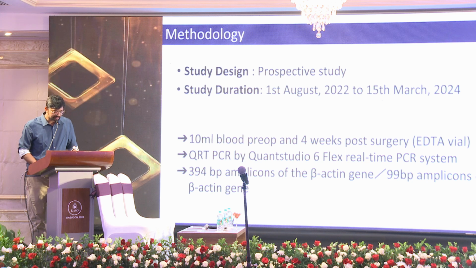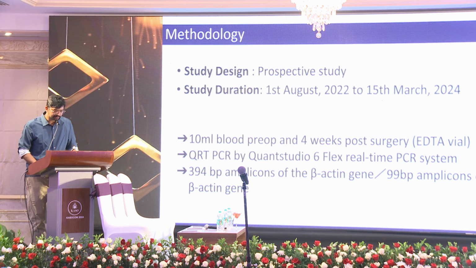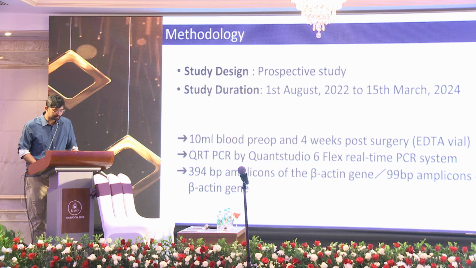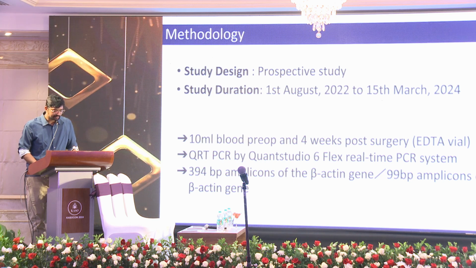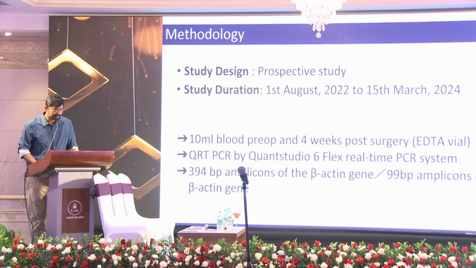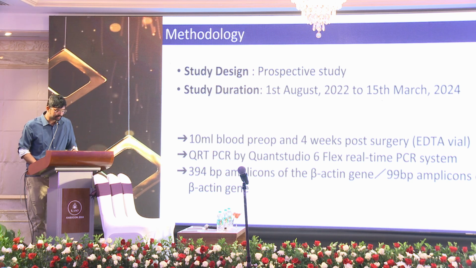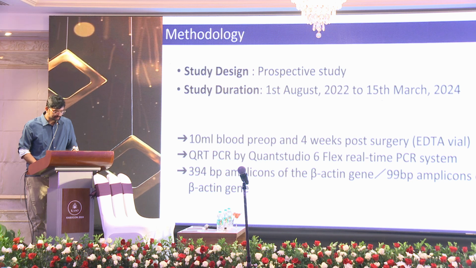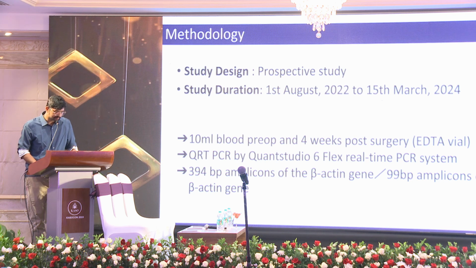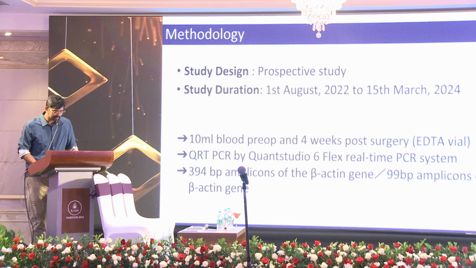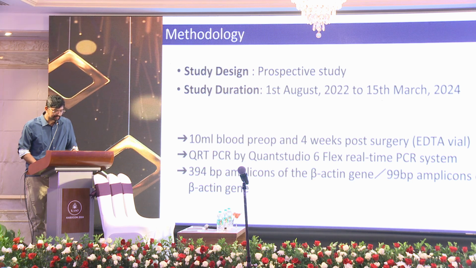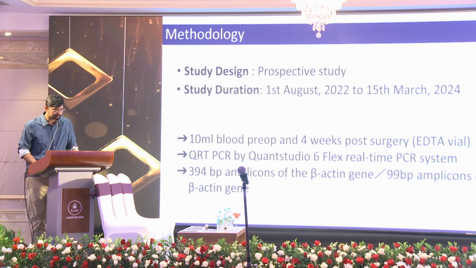It was a prospective study, and my last patient was recruited on 15th March 2024. I collected 10 ml blood preoperatively and 4 weeks post-surgery in EDTA vials, and the sample underwent quantitative real-time PCR. The DNA integrity index we calculated using 394 base pair amplicons of the beta-actin gene divided by the 99 base pair amplicons of the beta-actin gene.